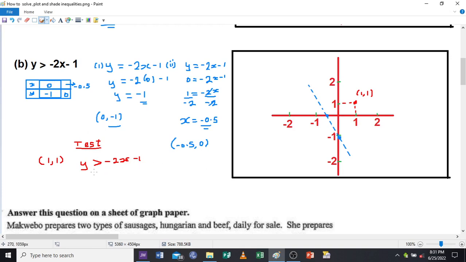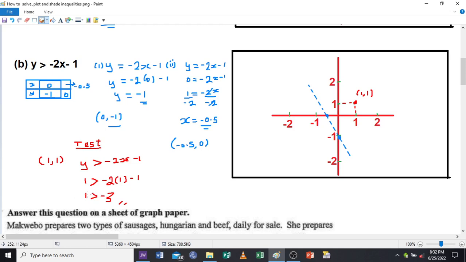Now if we substitute y is 1, greater than negative 2, we substitute our x by 1, then we have negative 1 there. This will give us y greater than negative 3, right? Good. Now what does this mean? You need to analyze the statement.